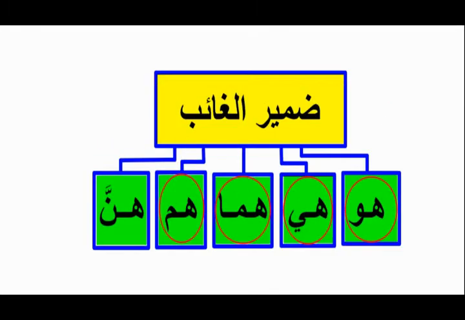Now, the last one is hunna, which is the same thing as hum. In English, it would be they also, but this particular they, hunna, you would be speaking only about females. Hunna talamidatun. They are students.